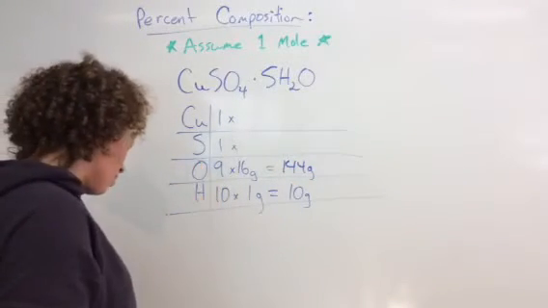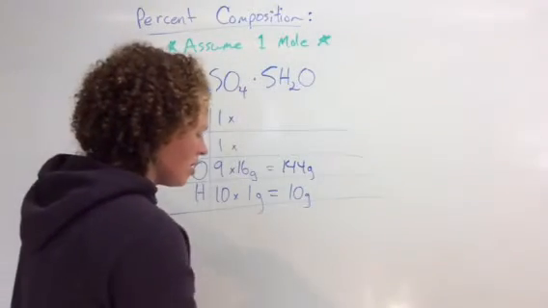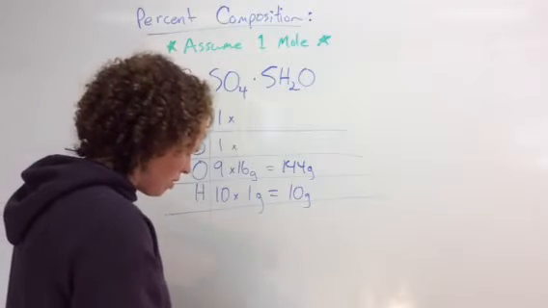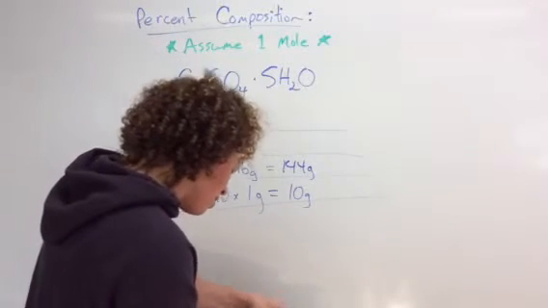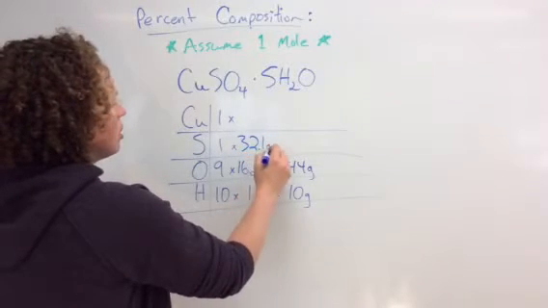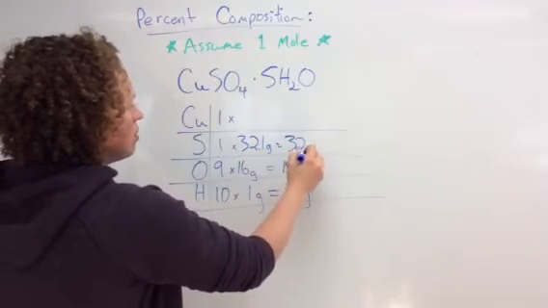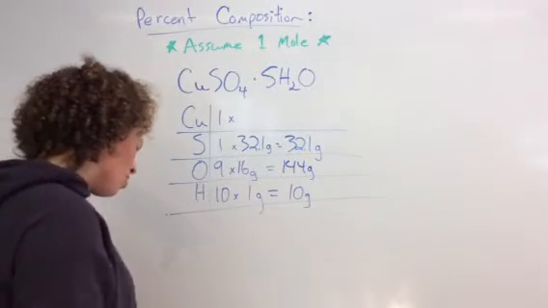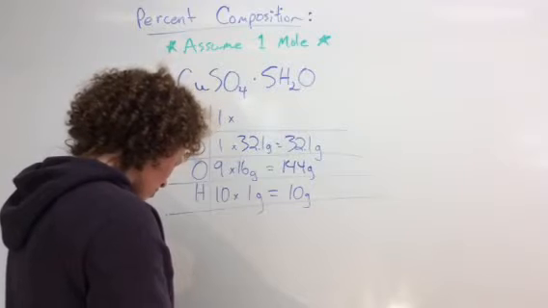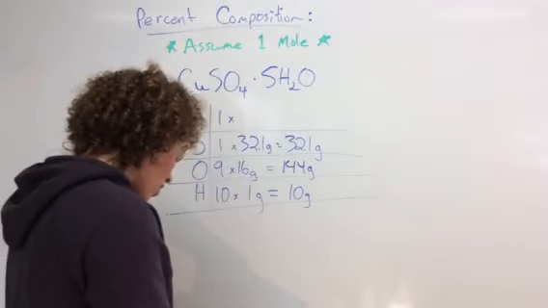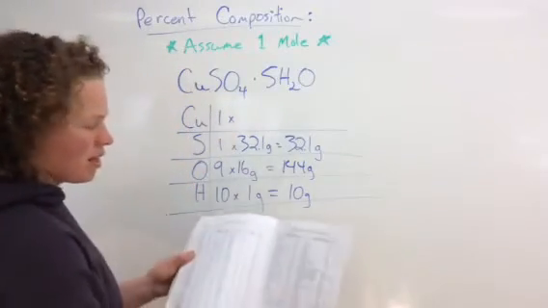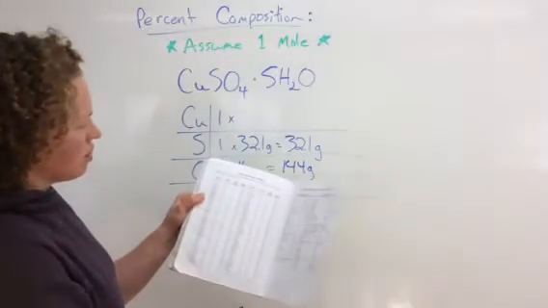And sulfur, I would look at my periodic table in the back of my book, but it's kind of far away from me. Sulfur is 32.1. Oh yeah, we had that last time. So that's just going to be 32.1 grams. And copper, again, I can look that one up. Your book doesn't really go through this one, but I actually like the little table, atomic masses of the elements in your book on page 340.